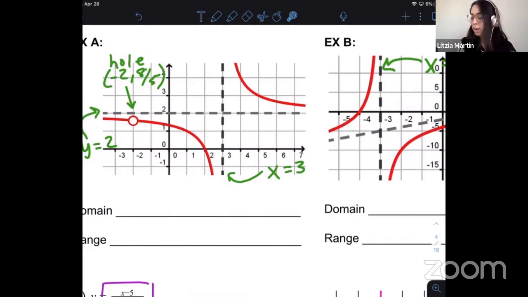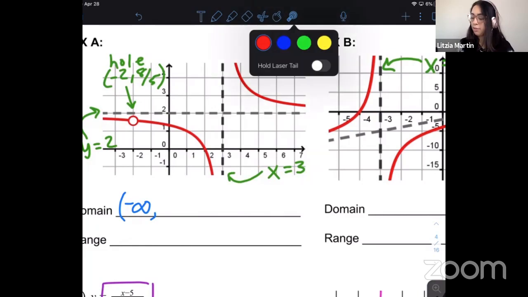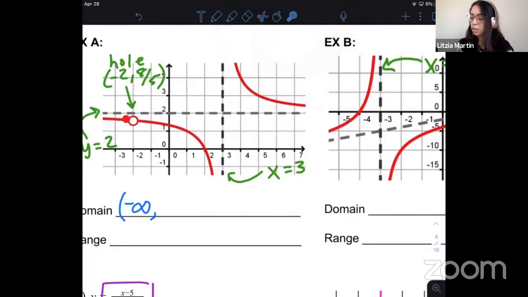So when I write out my domain, I will start from negative infinity. And then, like I said, from negative infinity, our domain gets cut off at -2. So I'm writing this notation here.